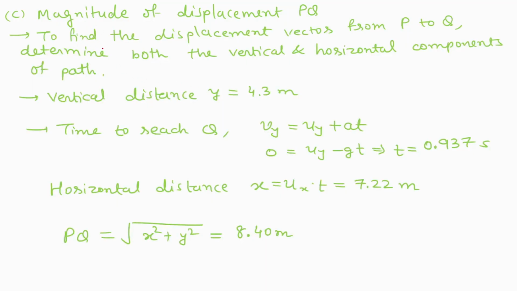To find the displacement vector P to Q, determine both the vertical and horizontal components, x and y, of the path.